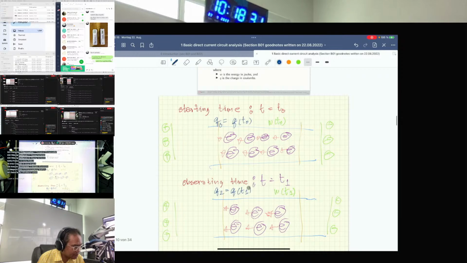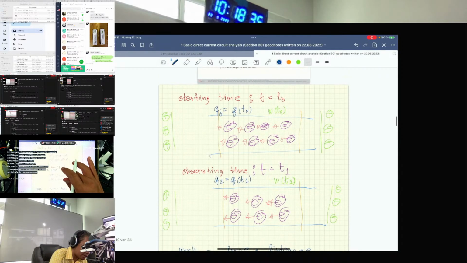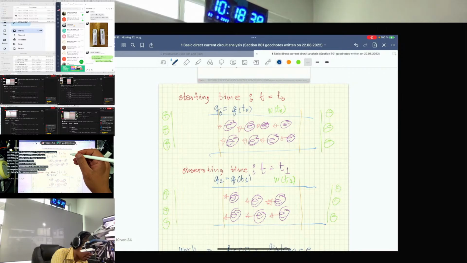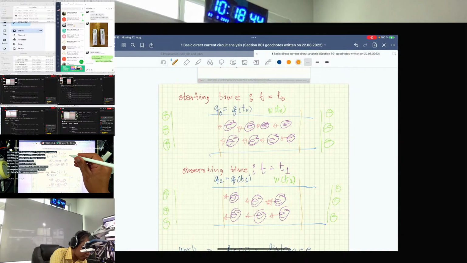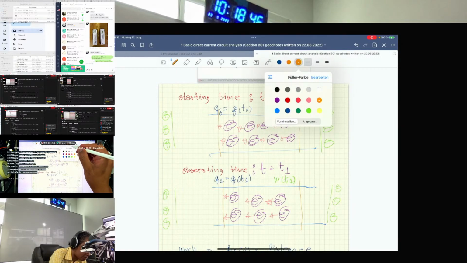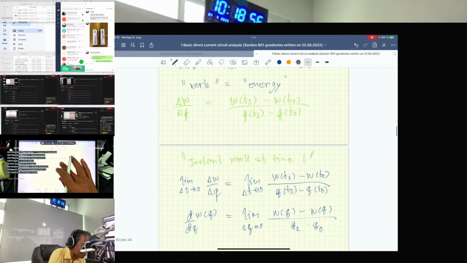Okay, and this is called, later, as you move the electron from point A to point B, from point A to location B, it's going to be called VAB.